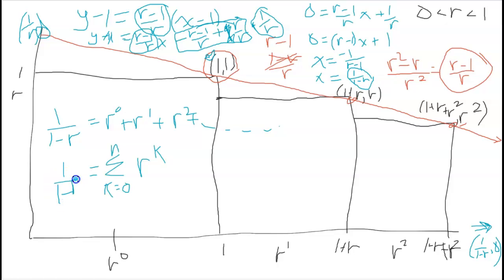This is exactly the formula that we used before. There's a geometric derivation of the geometric series formula. Somehow it's shocking but not shocking that you can do this all with geometry.